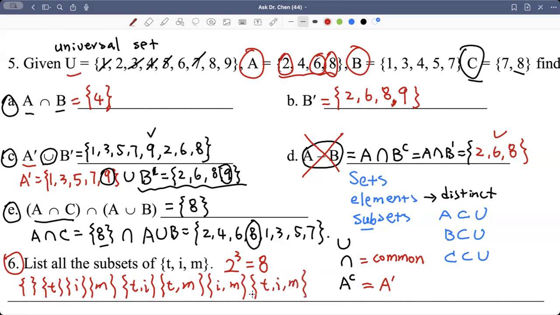The set itself. So subsets of a set always contain 2 special sets: the empty set and the set itself. So let's count 1, 2, 3, 4, 5, 6, 7, 8. So those are all the subsets of TIM. Okay.